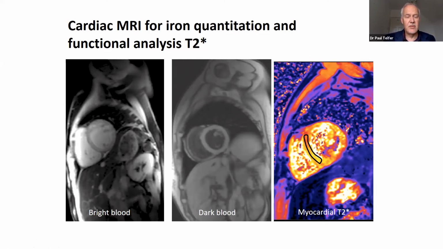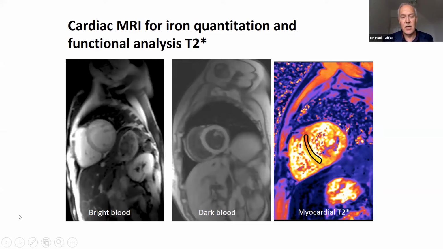And this is a methodology that is applicable on any scanner, providing that the right methodology is used and providing the scanner has been validated. And this enables, as I've said, a measurement of the myocardial iron. You can see on the right there that coloured picture with the ring or the oval of black. This is showing the segment of the interventricular septum, which is sampled.